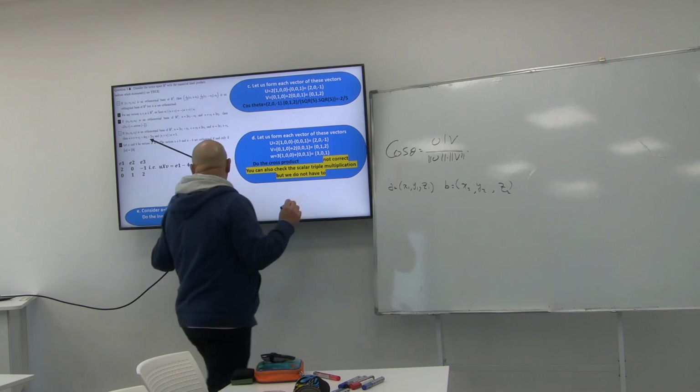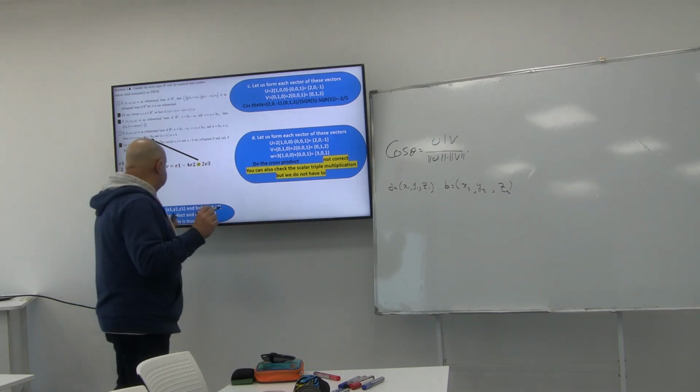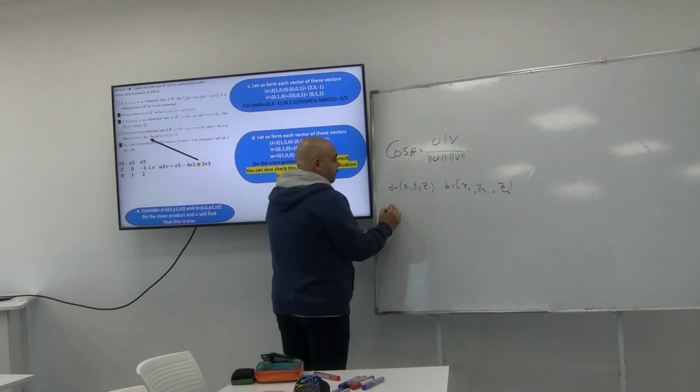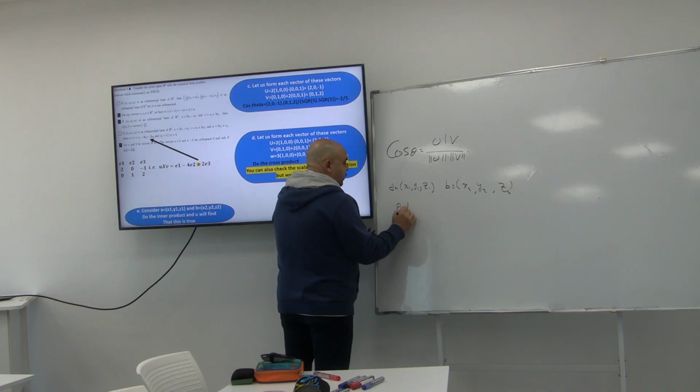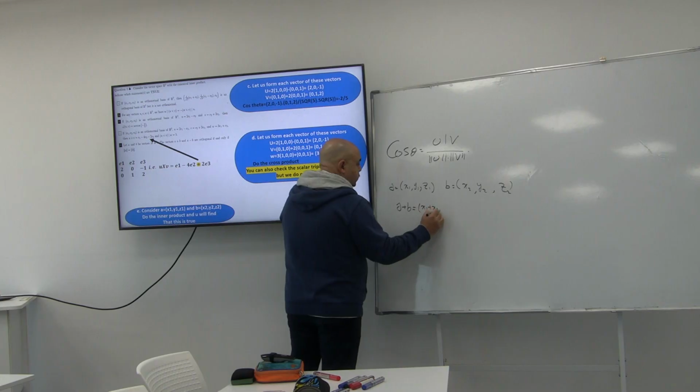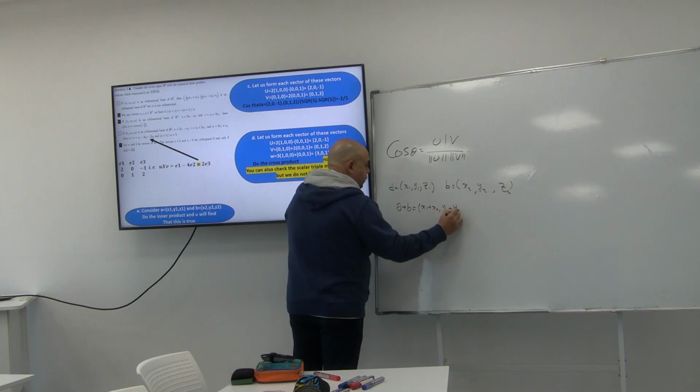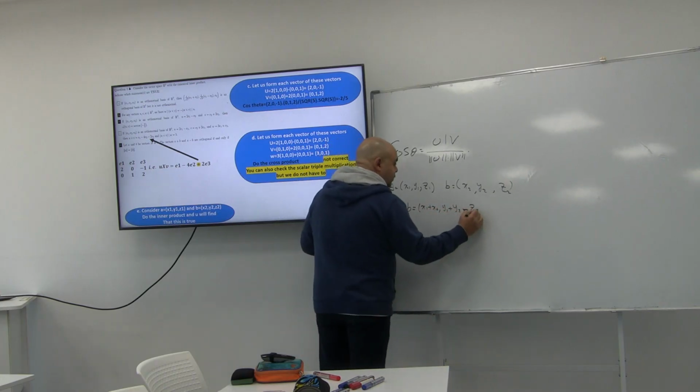Now all I have to do is to get A plus B and A minus B. A plus B is going to be x1 plus x2, y1 plus y2, and z1 plus z2.